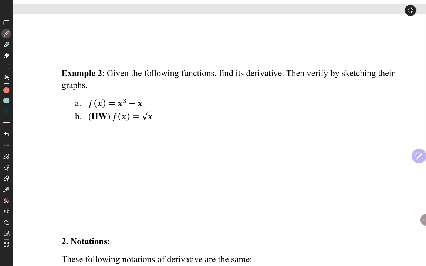Given the following functions, find its derivative. So this idea, I think you understand, right?